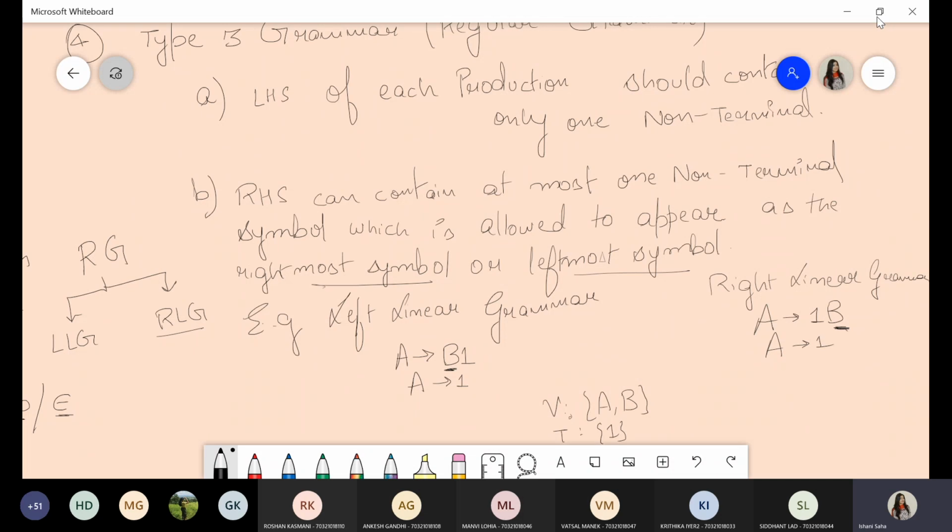And there could be only one non-terminal in the right hand side. At most, it is written. I'm not going to say only one, because only one would mean the right hand side always has to have one non-terminal. That is not the restriction. If you see the second production, it is only generating a terminal symbol, which is 1.